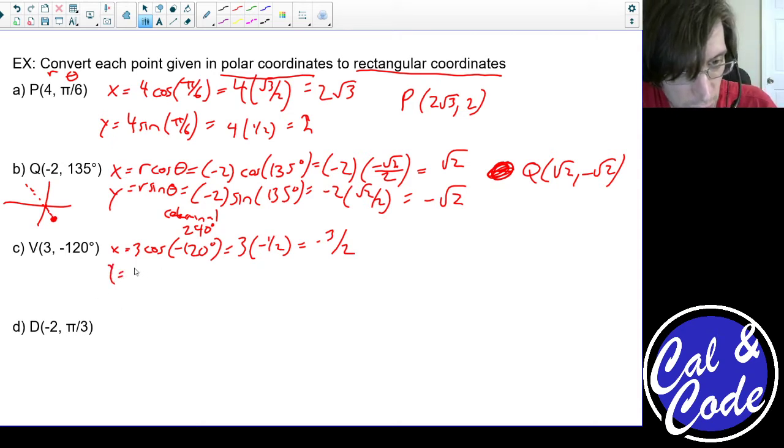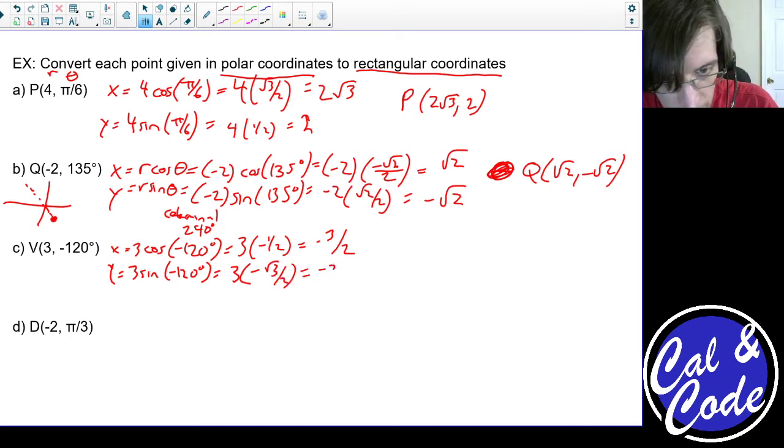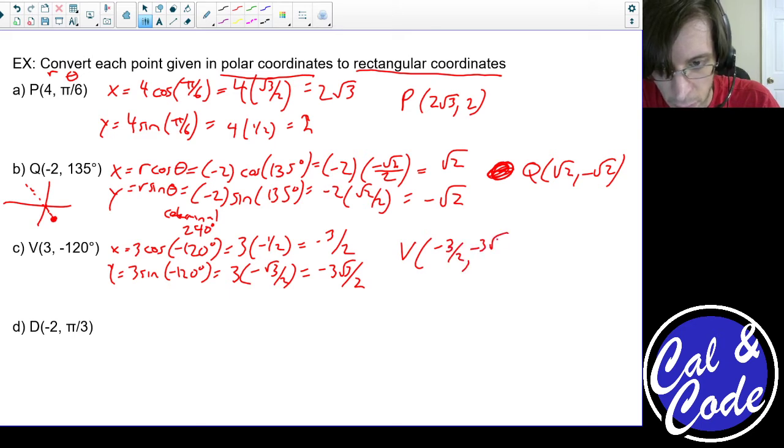Y is equal to 3 sine negative 120 degrees. That's going to be 3 times negative root 3 over 2, or negative 3 root 3 over 2. And so v is negative 3/2, negative 3 root 3 over 2.